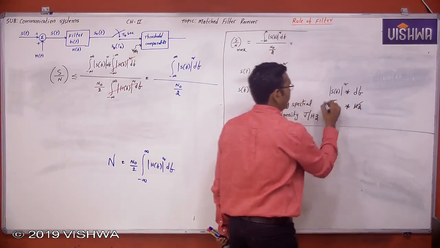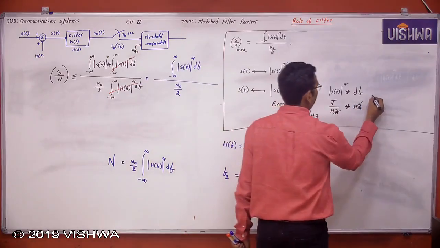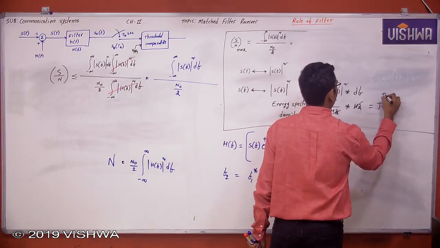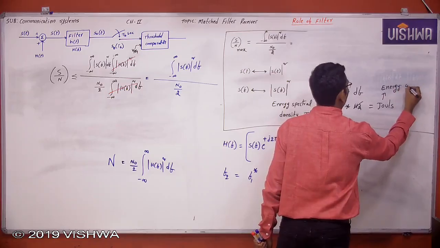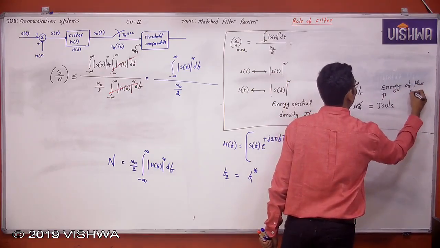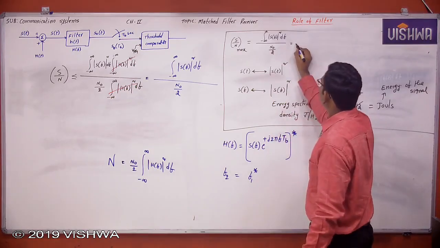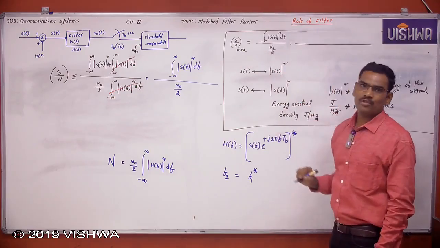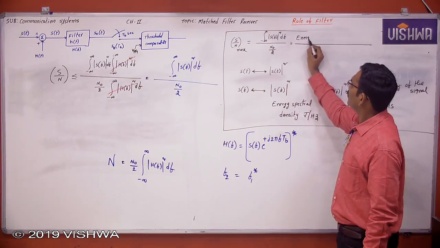Hertz cancel, and what remains is joules, which is the energy of the signal. So finally, the maximum signal to noise ratio is the energy of the signal.